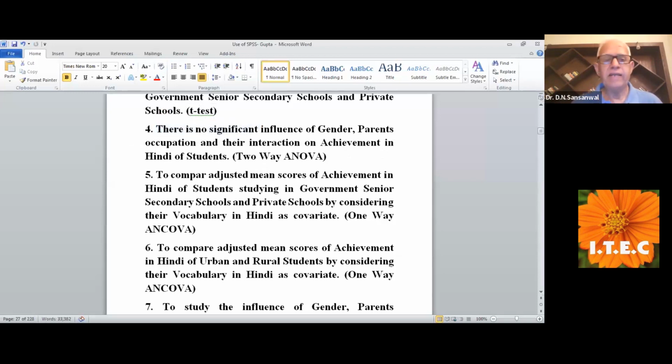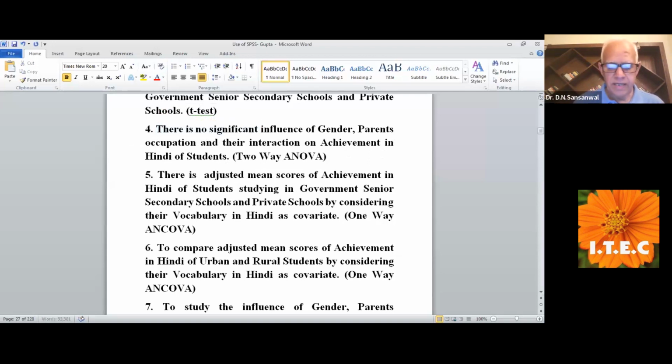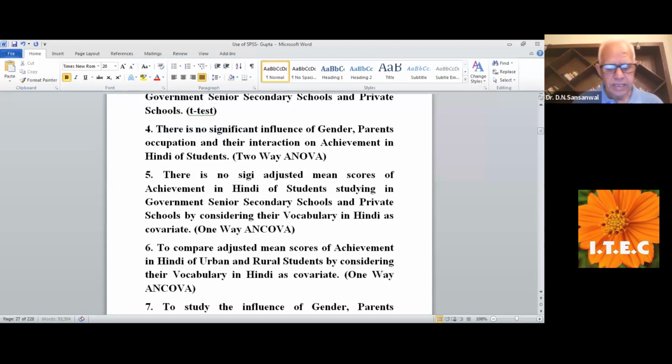Here will be, there is no significant difference in adjusted mean scores of achievement in Hindi of students studying in government senior secondary school, private schools, by considering their vocabulary in Hindi as a covariate.